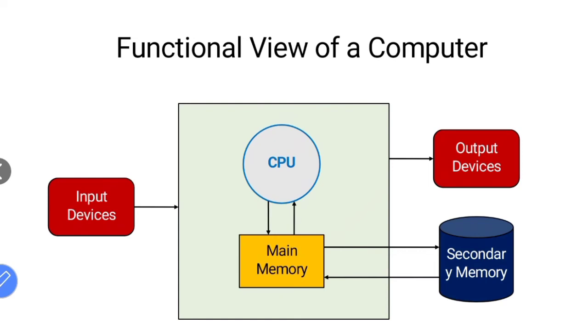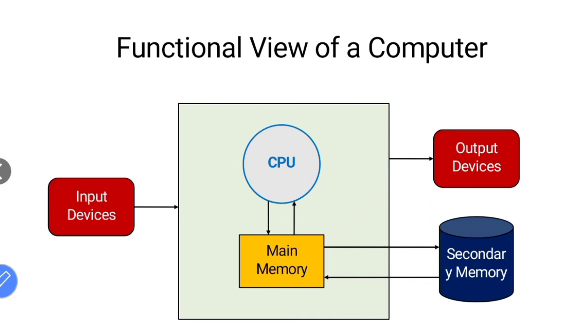Let's view a functional overview of the computer. We know that in a computer the main idea comes from computation, and computation is done on data. So the whole computer industry is based on data, which is going to be processed.